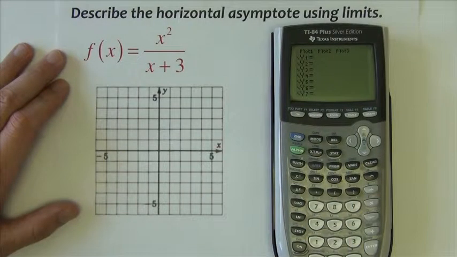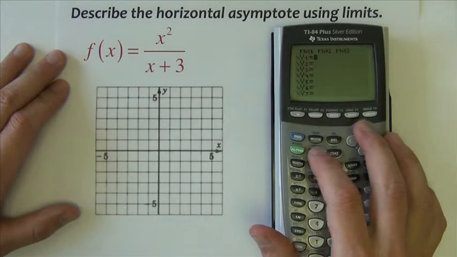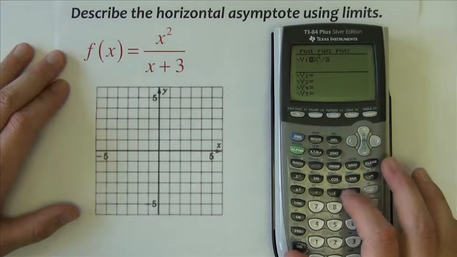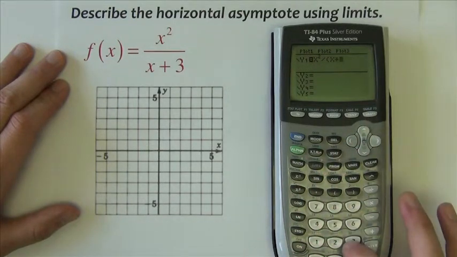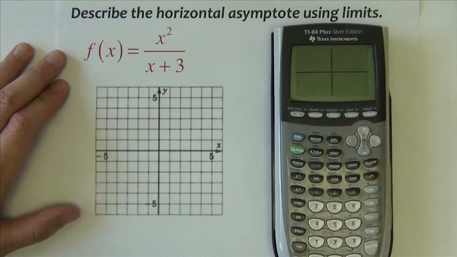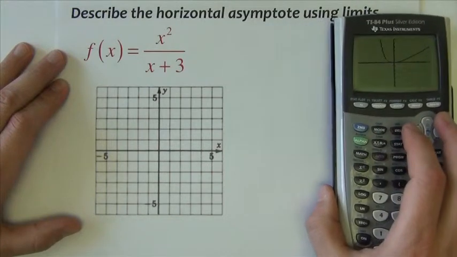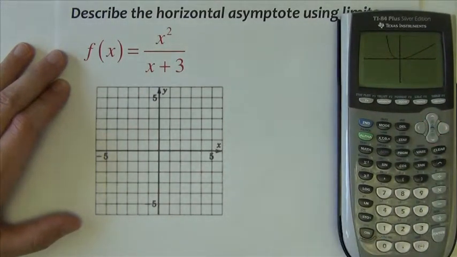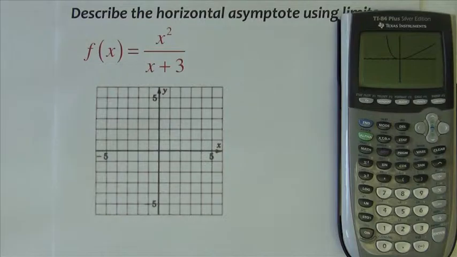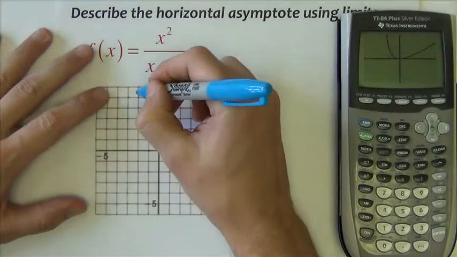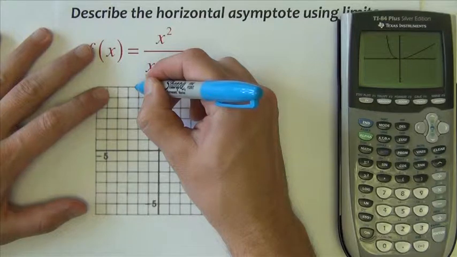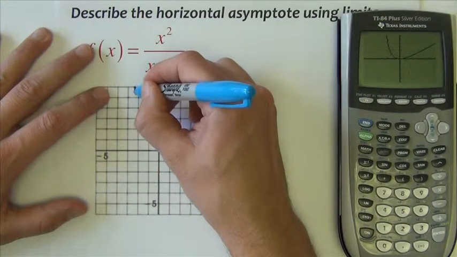Last example, let's again investigate this with the graph. So x squared divided by x plus 3. Okay, so that's a little bit different than we've seen so far. Doesn't look like the same sort of rational curve that we've seen in the previous examples. What we have is a graph that is kind of doing this.